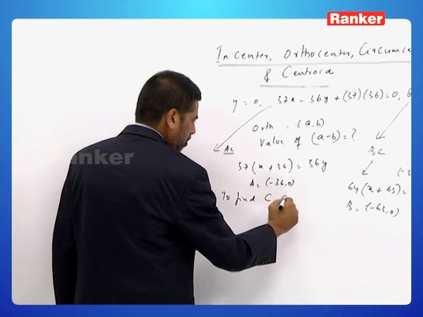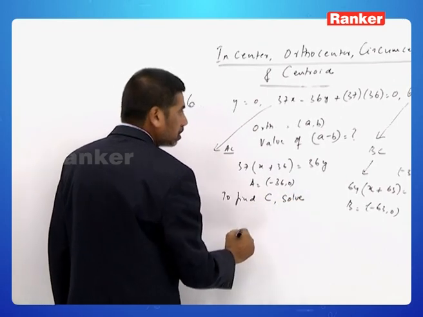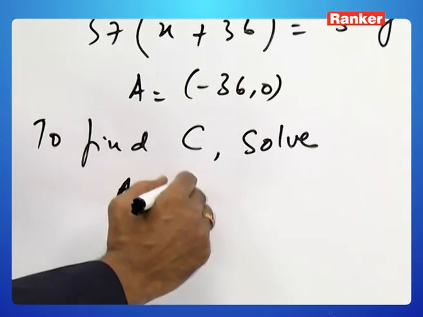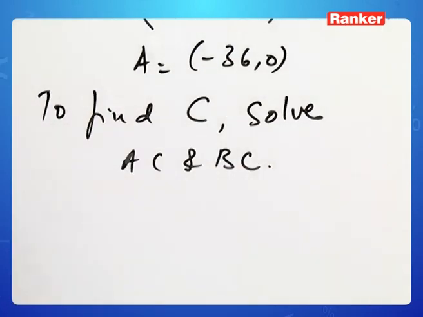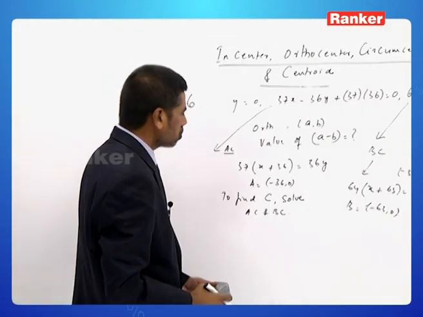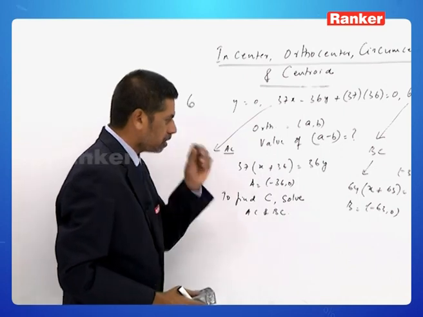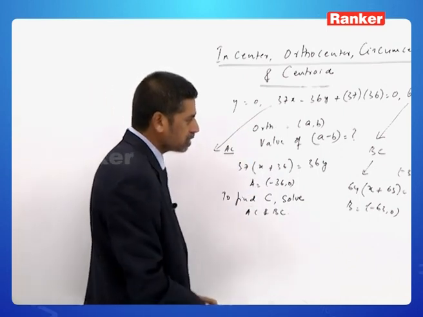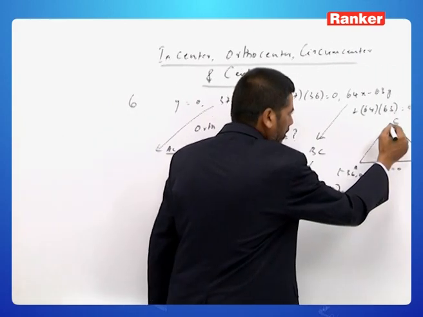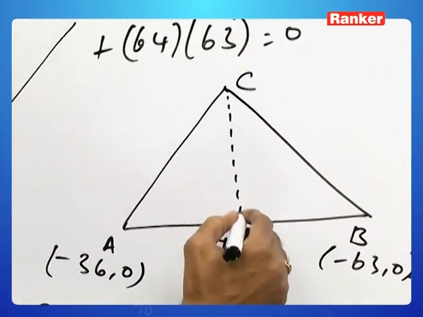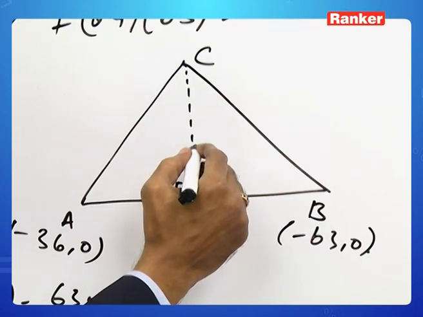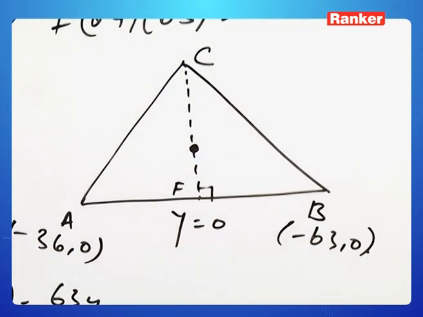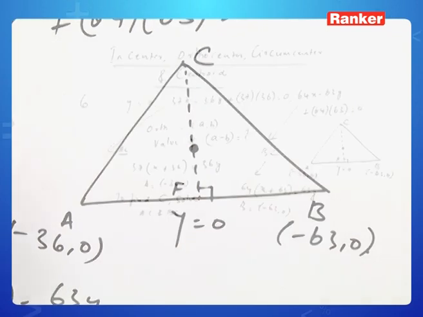To find C, you solve AC and BC. So solving AC and BC should be slightly difficult given the combination of the things. But meanwhile, let us also look into the location of the orthocenter. Suppose this is CF, orthocenter will be somewhere here, on that altitude.